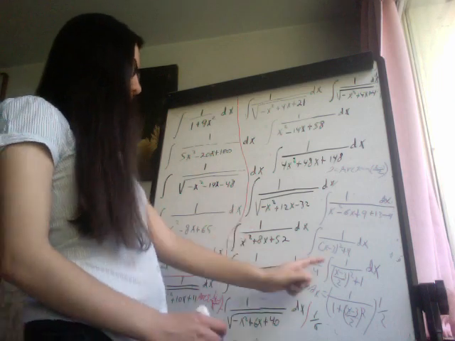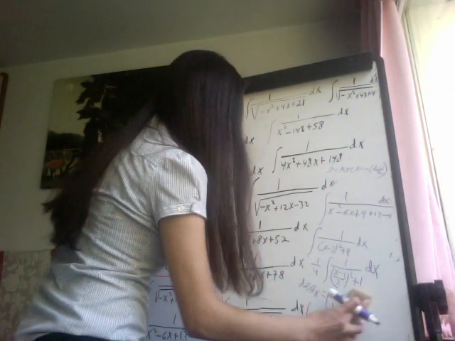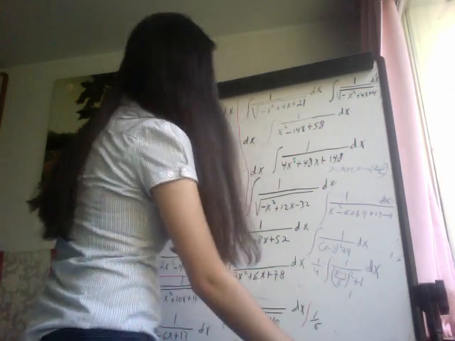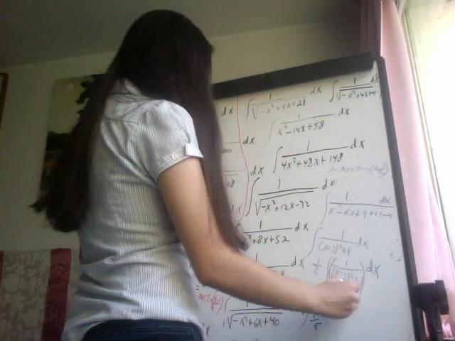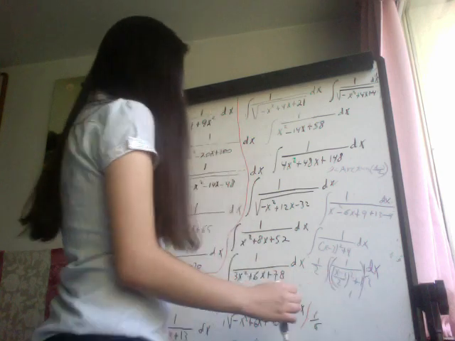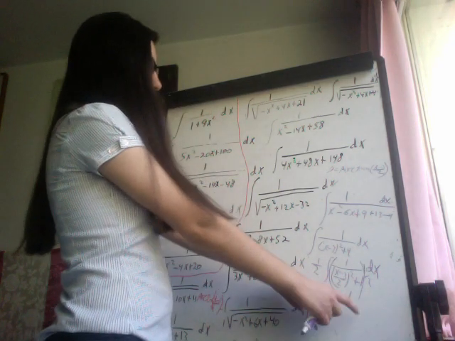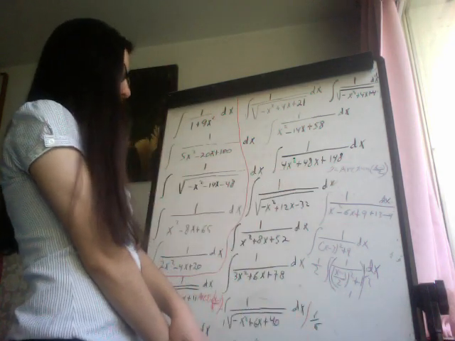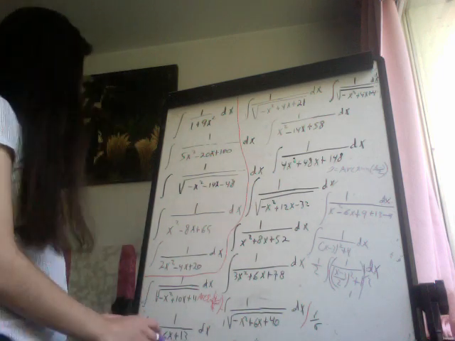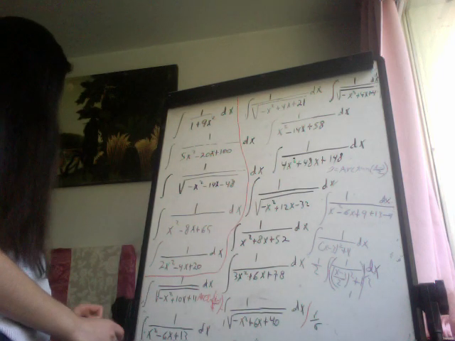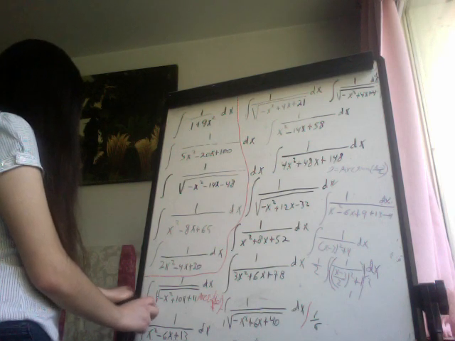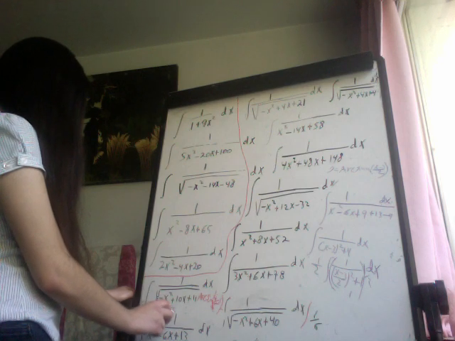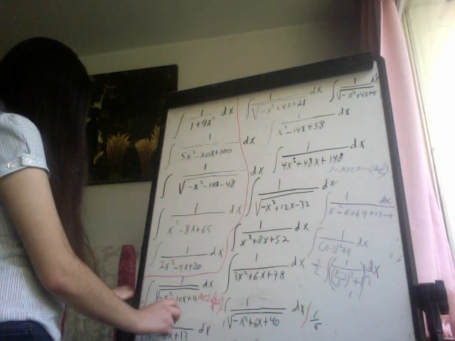Alright, so let me put 1/2 here, and 1/2 here inside the integral. And so this is the derivative of arctangent of (x minus 3) over 2. So the integral of this is 1/2 of the arctangent of (x minus 3) divided by 2.